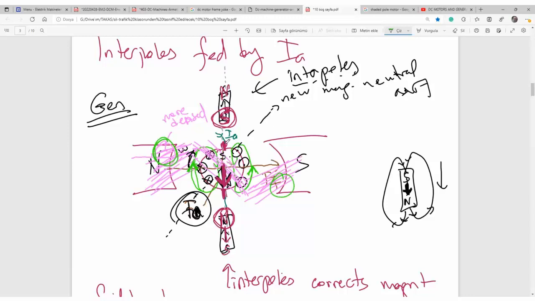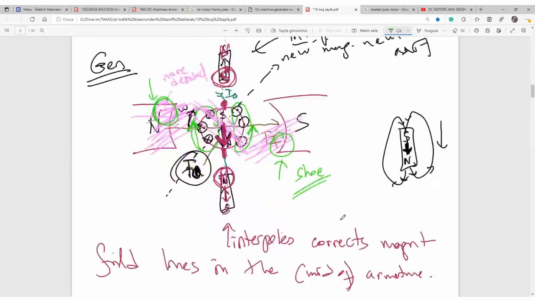Even if interpoles correct sparking problems in the commutator brush mechanism, the distortion on the pole shoe will remain. There is no precaution yet. There must be a better design to overcome this problem.